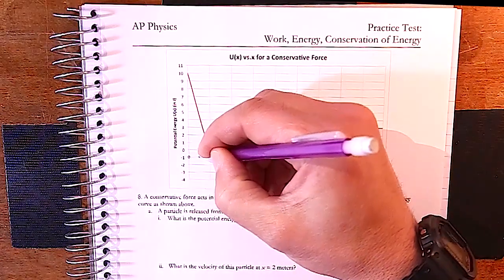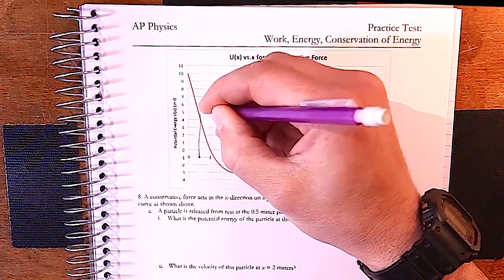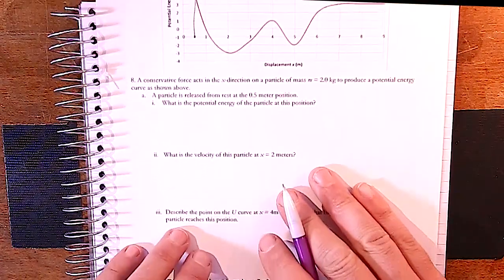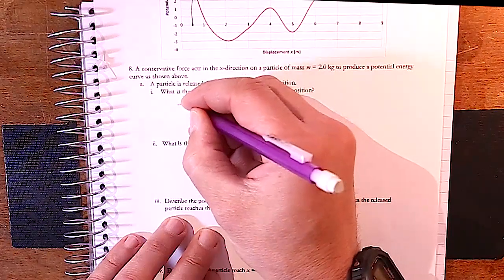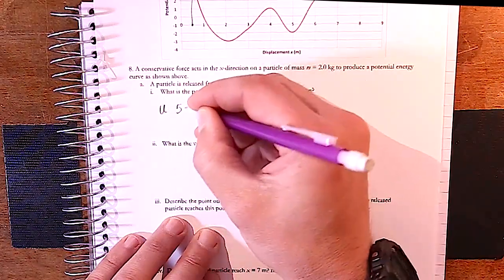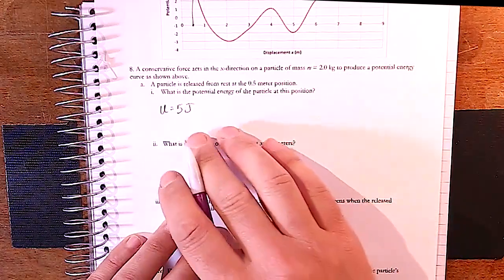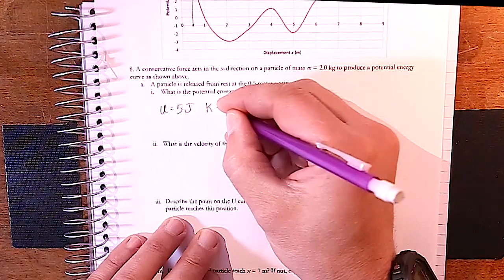So at 0.5 meters, it's at rest, so that's going to be approximately 5 joules. So what's the potential energy of the particle at this position? Well, the value would just be 5 joules, and we just read that from the graph. Now, it started at rest, and they didn't ask us this, but we're going to need to understand this later.